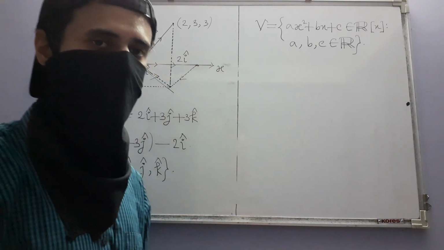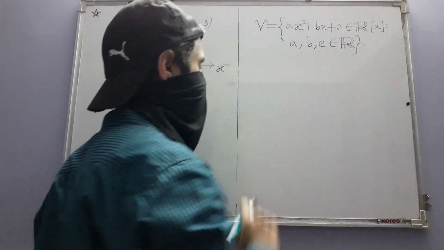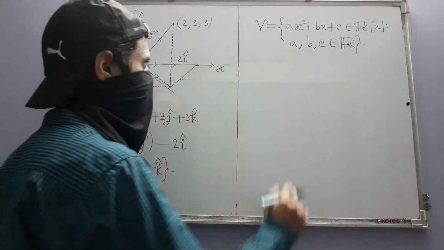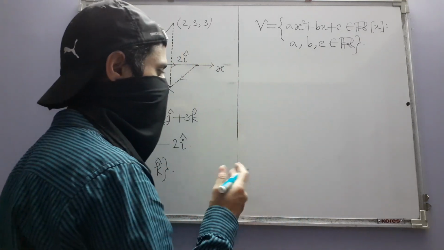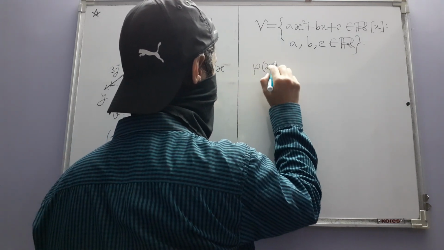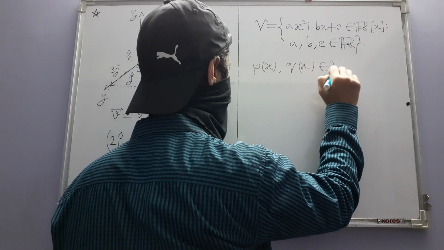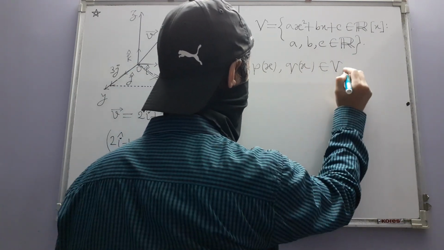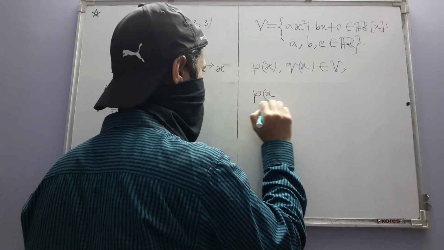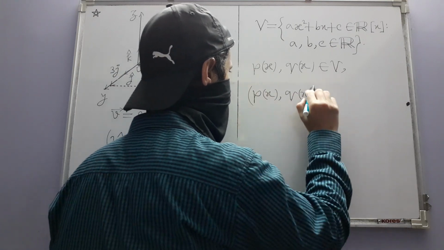One can very clearly see that this V is going to be a subspace of the space of all real polynomials, and in it we are going to use an inner product, which is this. Say you consider two such polynomials from V, and the inner product that you have is this.